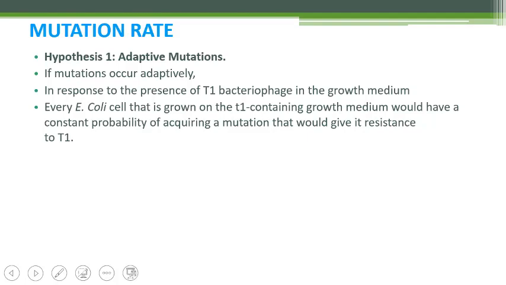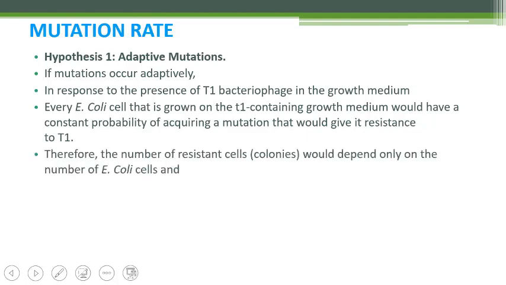Since the mutations occur adaptively in response to bacteriophage, there was equal chance that almost all bacteria or a constant number of bacteria in various plates would give rise to resistant T1.